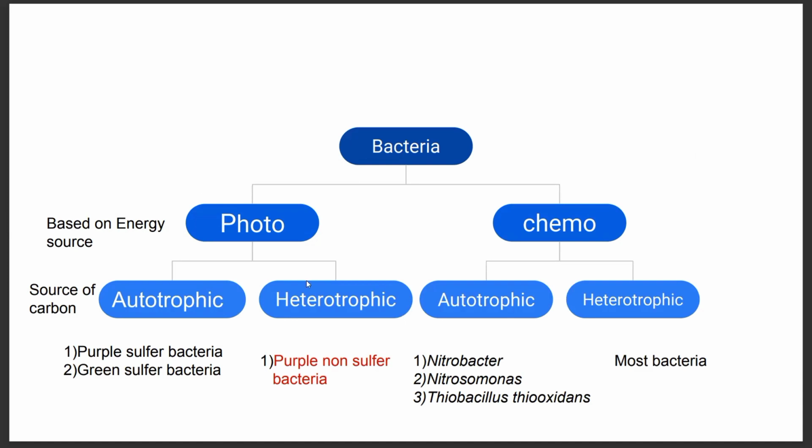This is just a short note. Photoautotrophic means they use light as the source of energy and carbon dioxide or inorganic carbon as their carbon source. Examples are purple sulfur bacteria and green sulfur bacteria. Here the spellings, you have to use these same spellings.